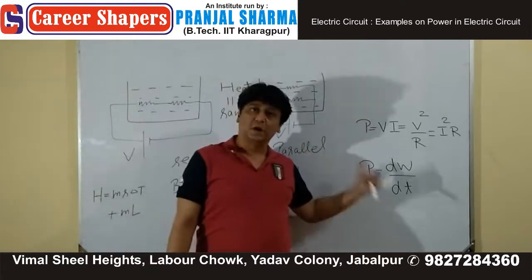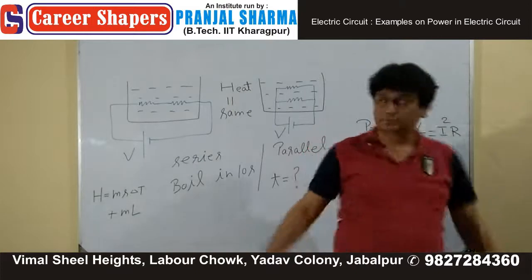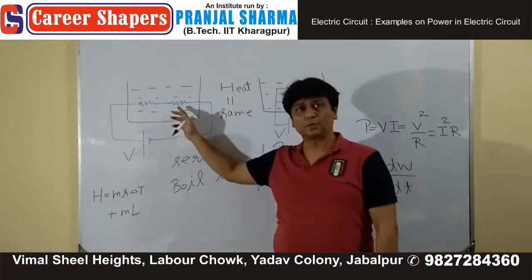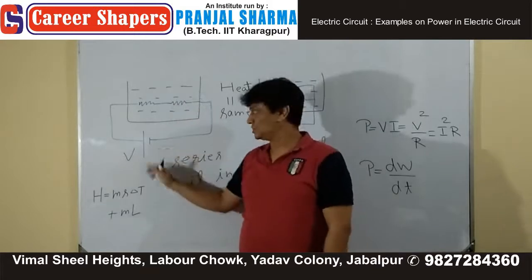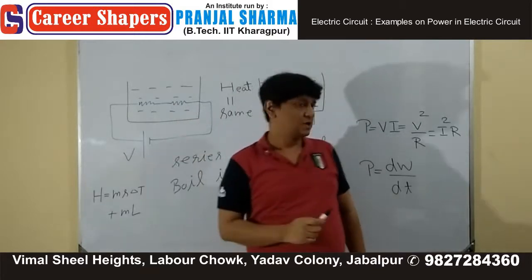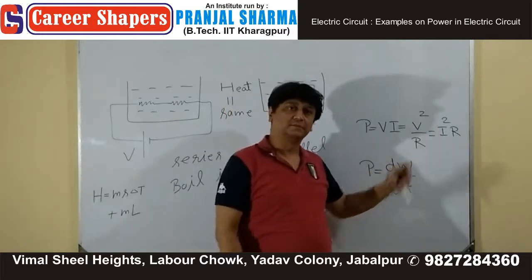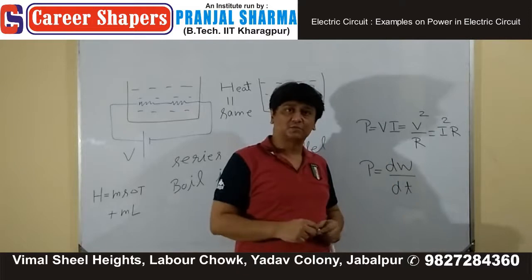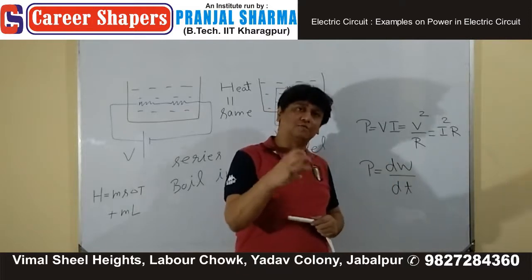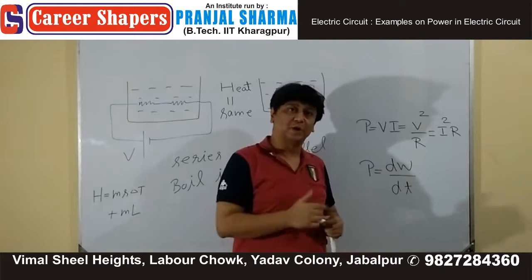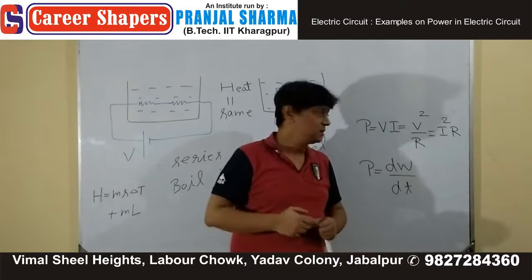But this work which is done by the voltage supply, work in moving electrons, which is done by the voltage, is not getting stored in the resistor. If you have capacitors, what they do? Capacitors, they store some amount of work in the form of electrostatic potential energy, and rest of the work dissipates in the form of heat.